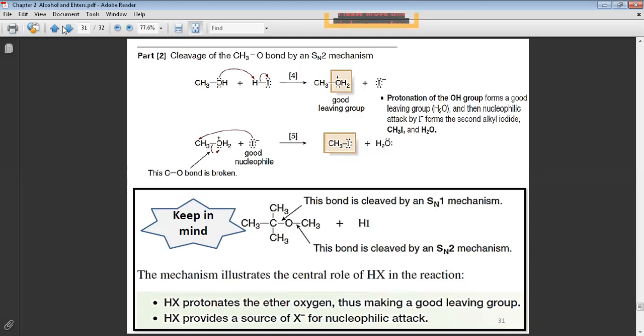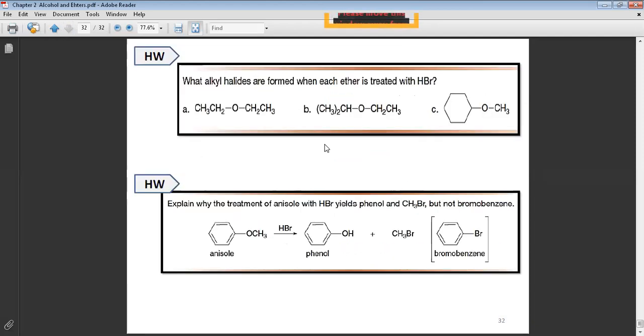Okay, and this is homework for you: what alkyl halides are formed when each ether is treated with HBr?